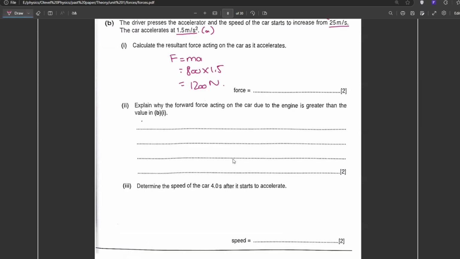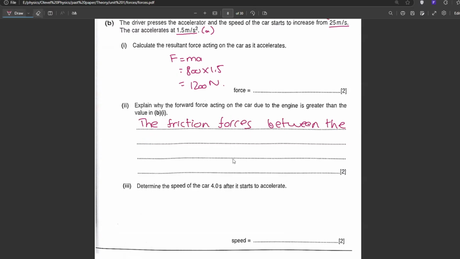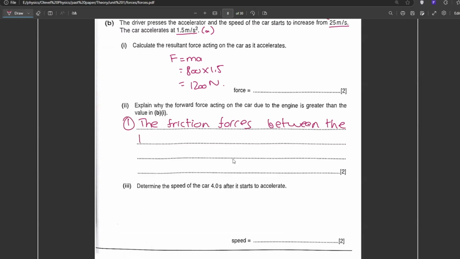Because in real life, the frictional forces between the tires and the road, plus air resistance, cause a backward force.